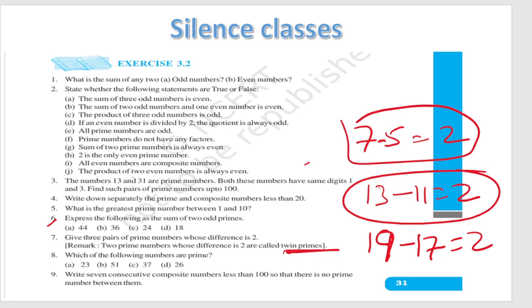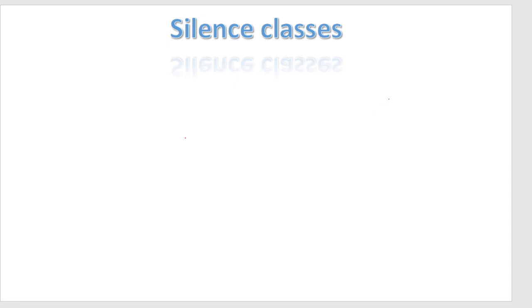And likewise I can write down many numbers. 31 minus 29 is equal to 2.